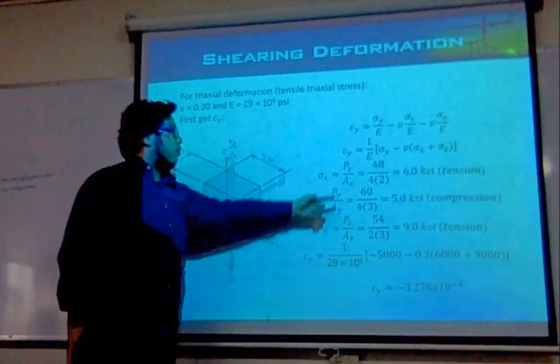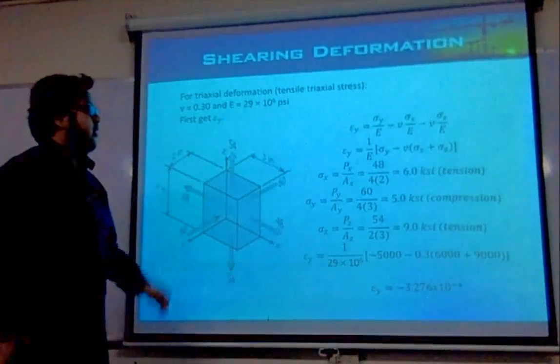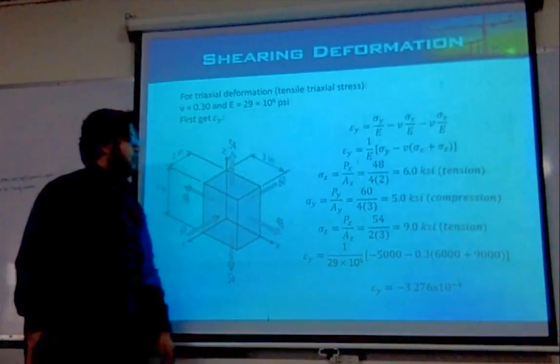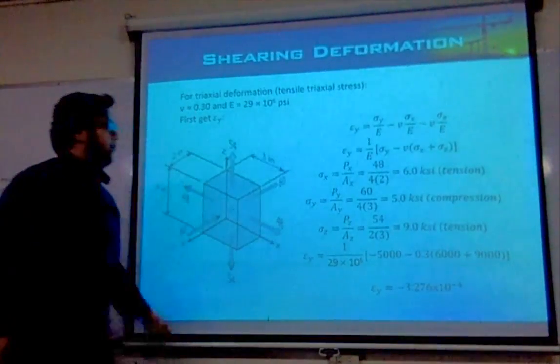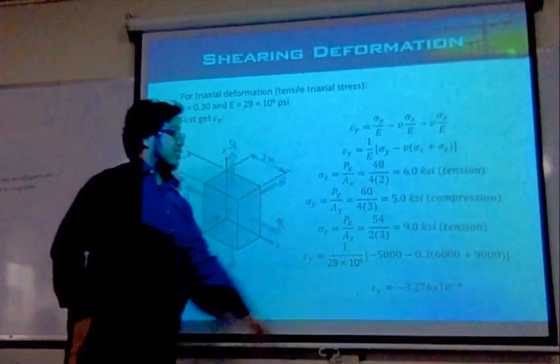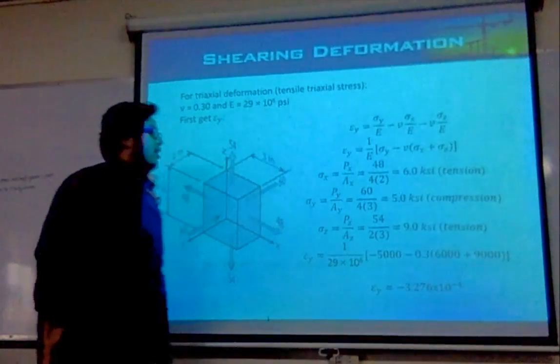So we get 6 ksi tension for stress of x, 5 ksi compression for stress of y, so this is negative, and 9 ksi tension for stress of z.